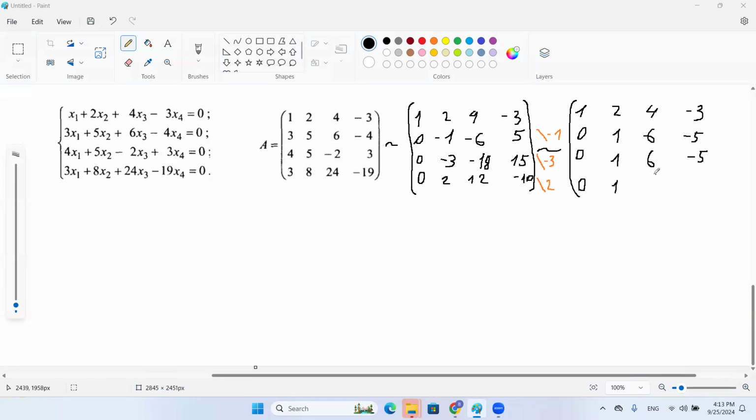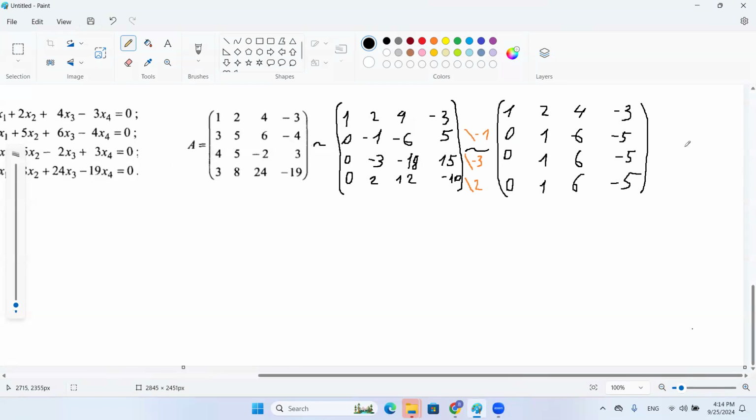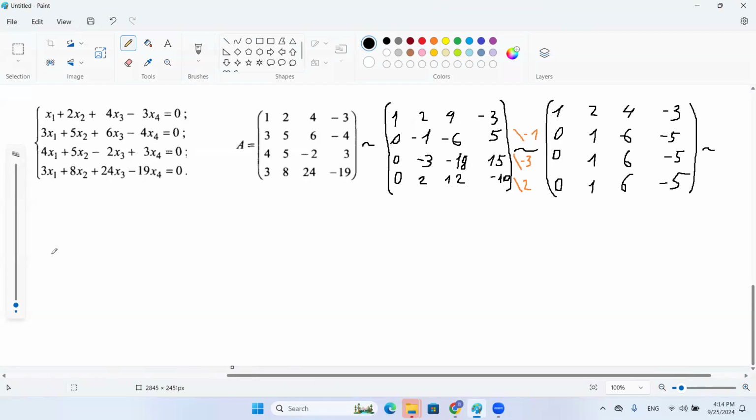So, by the way, we have the same three rows. So let's rewrite our matrix. Here we have only zeros for the third and fourth row.